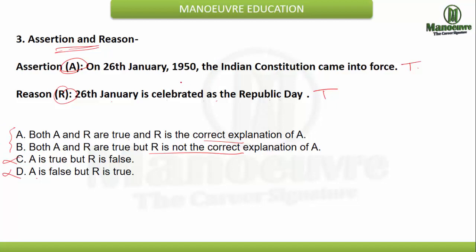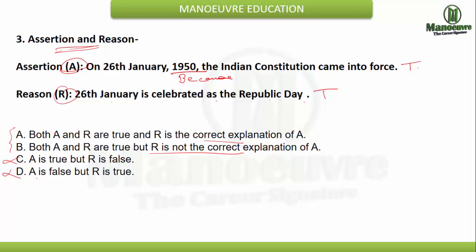This can be very tricky. So what is the trick here? We apply the word 'because' between both the statements and reread them. Now I reread it: On 26 January 1950, the Indian Constitution came into force because 26 January is celebrated as Republic Day. I see it does not make sense. Had it been inverse, it would have made better sense: 26 January is celebrated as Republic Day because on 26 January 1950, the Indian Constitution came into force.